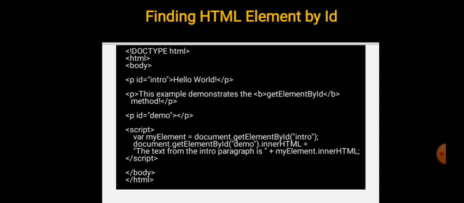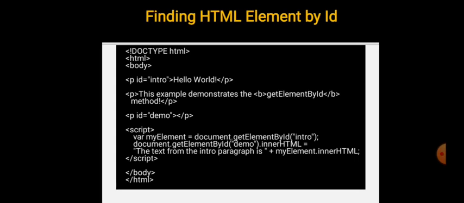So here we are using one function. Its name is getElementById, for finding an HTML element by using its ID. If you want to find an HTML element by using its ID, we can use the function document.getElementById. In this code, we are trying to get an element whose ID is intro.